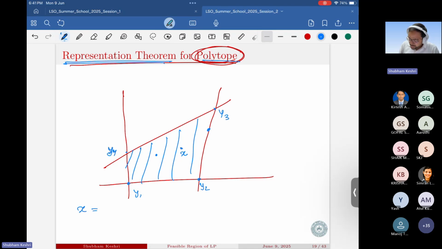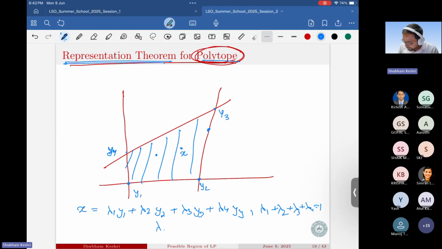Over here they are corner points, but in general they are extreme points. So X equals lambda 1 Y1 plus lambda 2 Y2 plus lambda 3 Y3 plus lambda 4 Y4, where lambda 1 plus lambda 2 plus lambda 3 plus lambda 4 equals 1, and lambda i is greater than or equal to 0 for all i in 1, 2, 3, and 4. This is what it means.